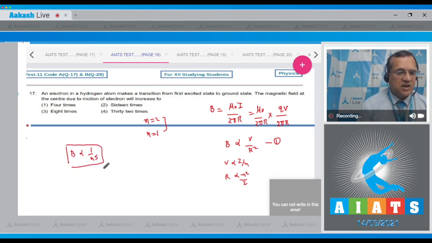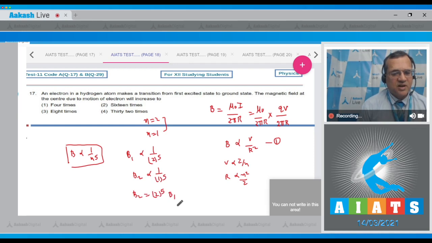As it is making a transition from 2 to 1, the new magnetic field becomes 2 to the power 5 times the initial magnetic field. So this becomes 32 times the initial magnetic field. So the answer to this question is option number 4.